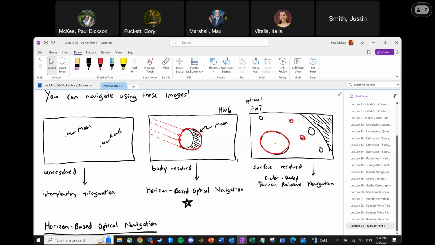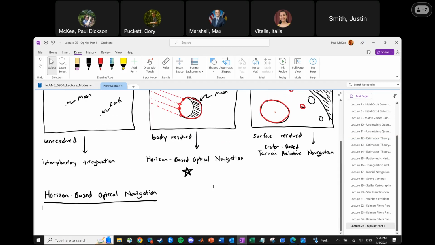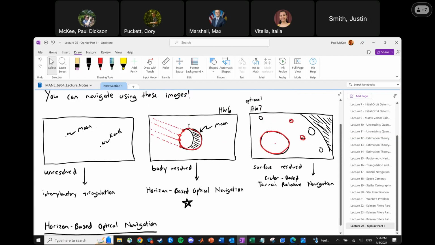What we're about to do, after a brief introduction, is go through a very long derivation. It's going to be two solid lectures of derivation for one result, which is the equation that gets you your position relative to the moon or the Earth or Pluto or whatever you like in the image. So it's going to be a little spicy.